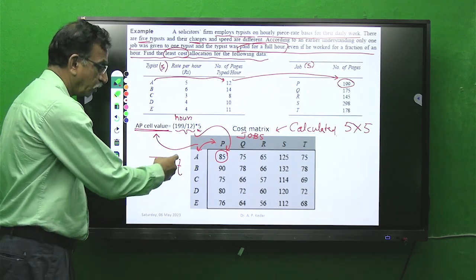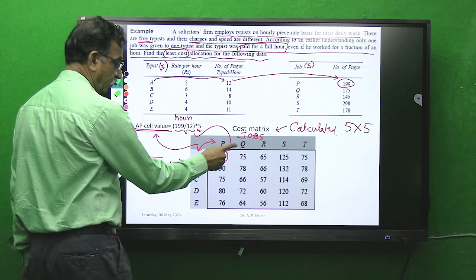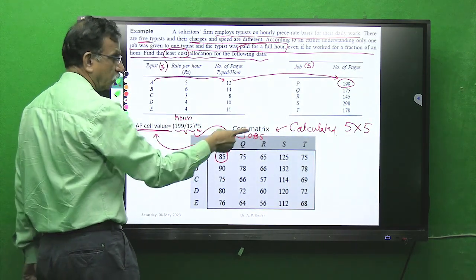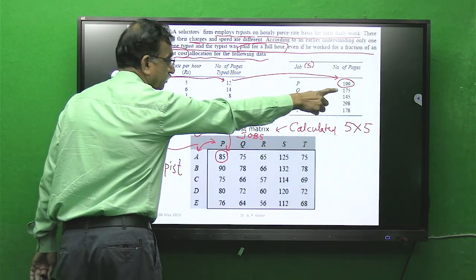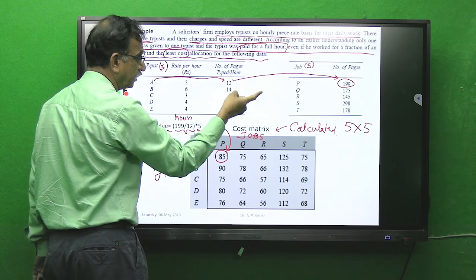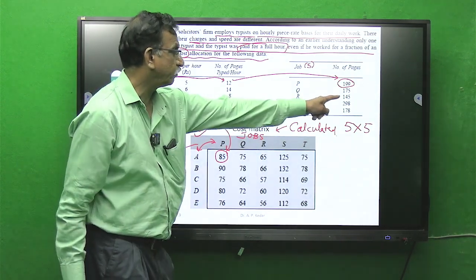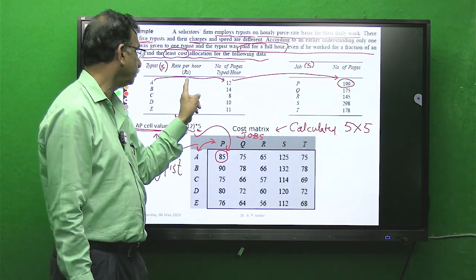Now complete this A row first. What you have to do now? For Q, 175, second, 175 divided by 12. If you are getting a fraction, round it, into 5. Third, 145 divided by 12 into 5.